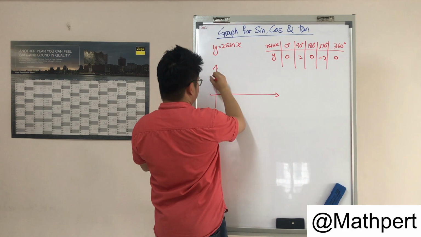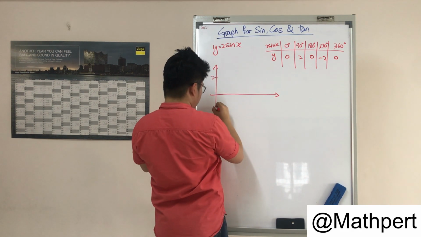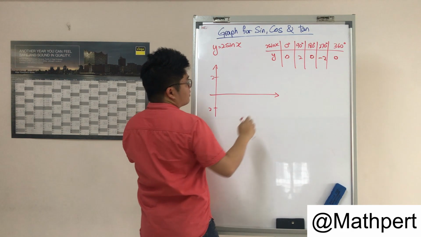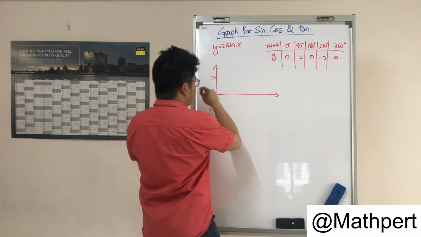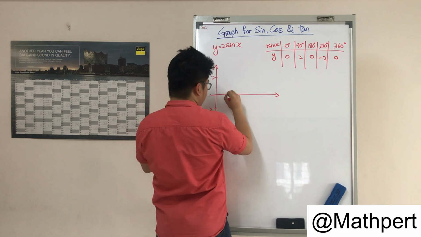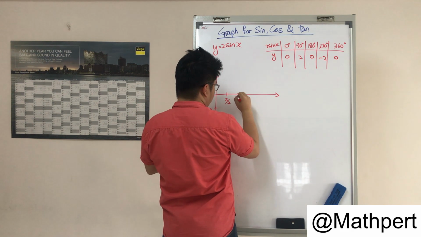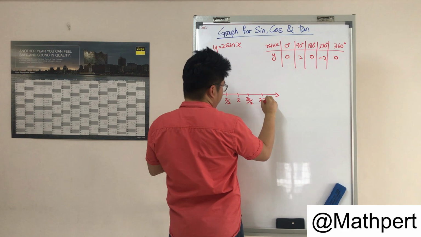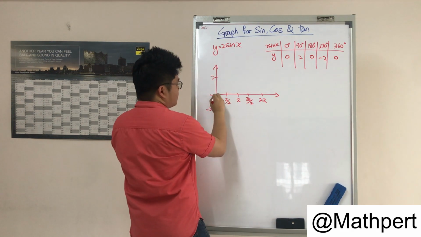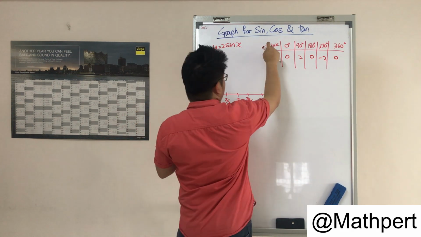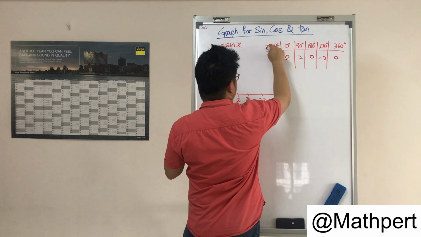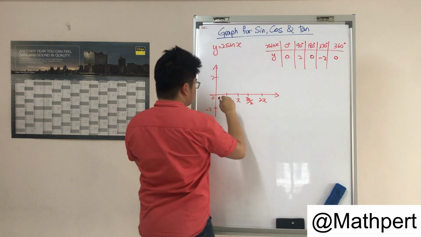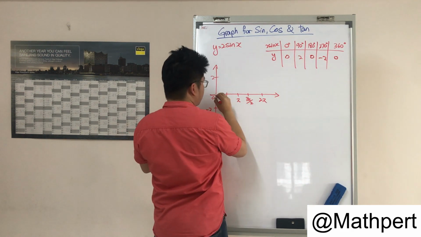So let us sketch this graph. 2, 2. The maximum and minimum are 2 and negative 2. So here, pi divided by 2, pi, 3 pi divided by 2, 2 pi. This is 0. When 2 sine 0 degrees, you get 0 here.